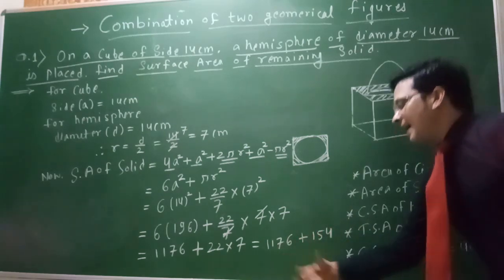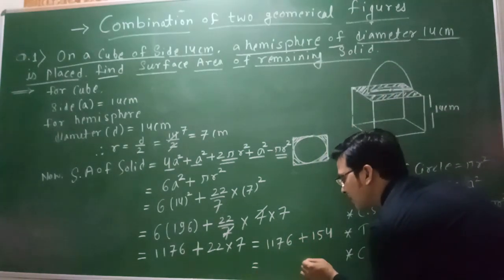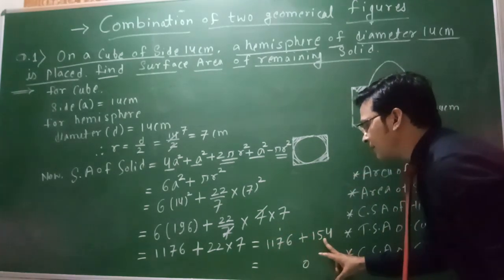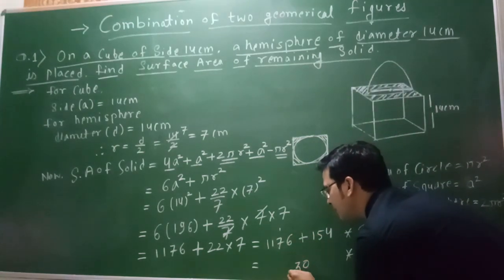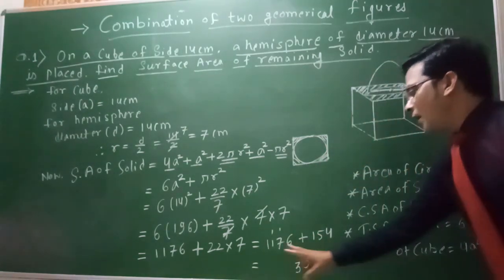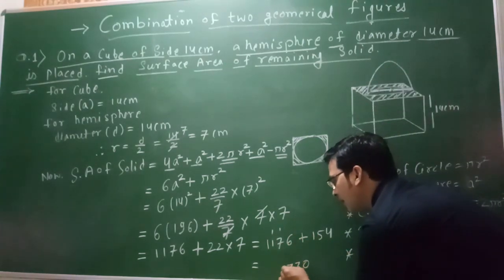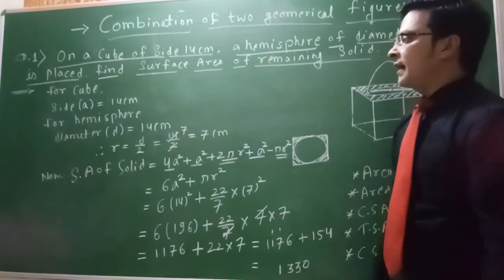Now if we add them, what do we get? 6 plus 4 is 10, 0, carry 1. 7 plus 5 gives us 12, and carry 1 is 13, 3, and here is carry 1. Now 1 plus 1 is 2, and 2 plus 1 is 3, and 1. So here we get the final answer.